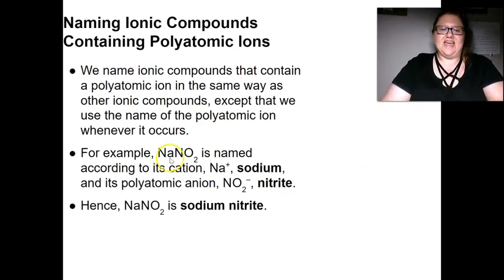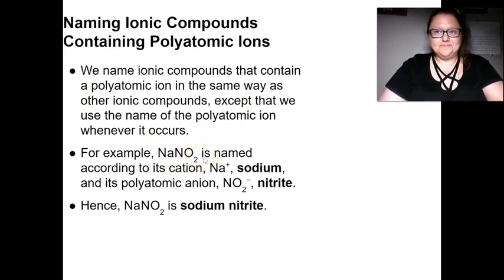And so here we can see NaNO2. Sometimes you'll have parentheses around the polyatomic ion. That's usually if you have more than one of that polyatomic ion in the formula. But if you don't have parentheses, a way to tell that you have a polyatomic ion is that you have a molecule with 3 or more elements in it.